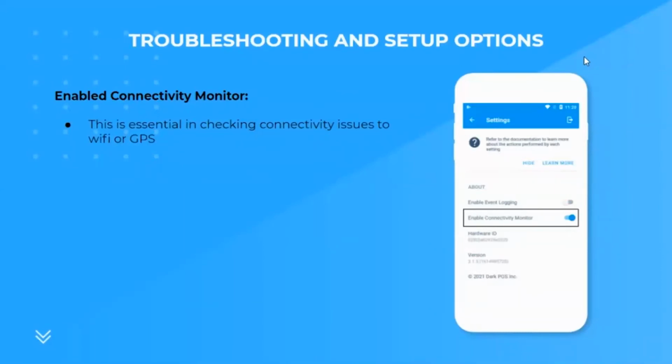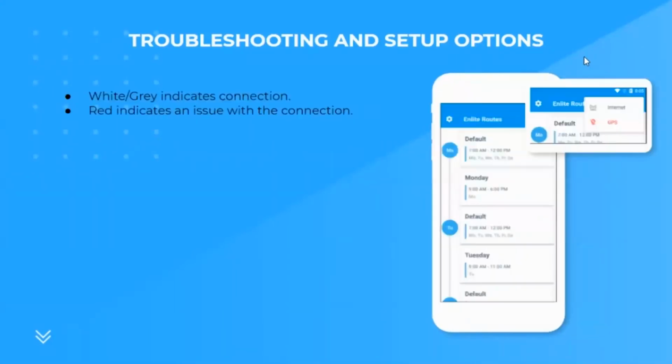This is essential in checking connectivity issues to Wi-Fi or GPS. Here, white or gray indicates connection, while red indicates an issue with the connection. So if it's red, meaning you are having GPS issues. But if it's white or gray, that indicates a good connection.